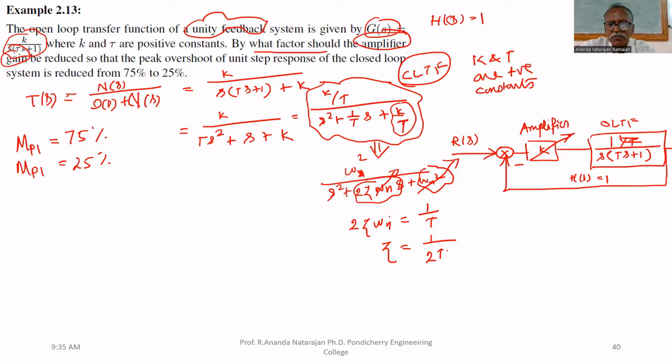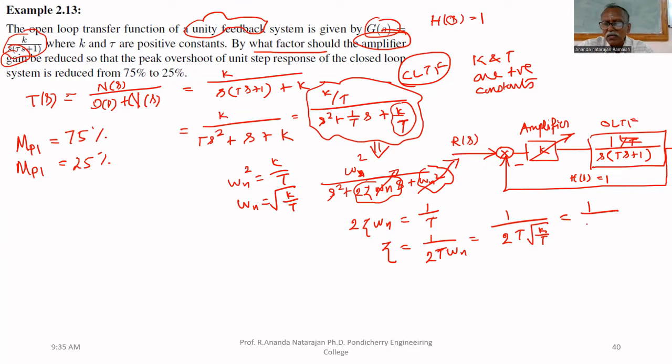Omega n square equal to k by tau, therefore omega n equal to square root of k by tau. So zeta equal to 1 upon 2 tau times square root of k by tau, that is equal to 1 by 2 root k tau. Am I correct or not? Zeta equal to 1 by 2 square root of k tau.